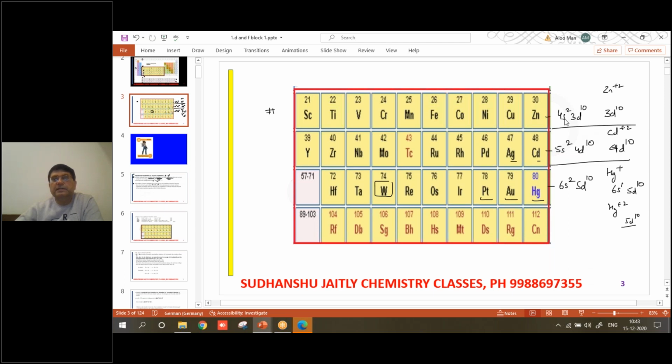You will notice that zinc, cadmium, mercury have no half-filled or partially filled d orbital configuration, either in their elemental form or in any of their ionic forms.